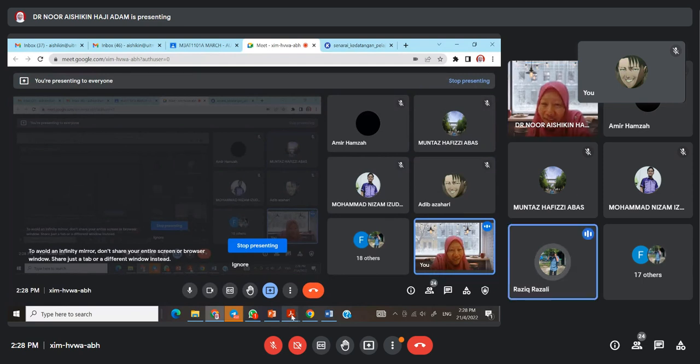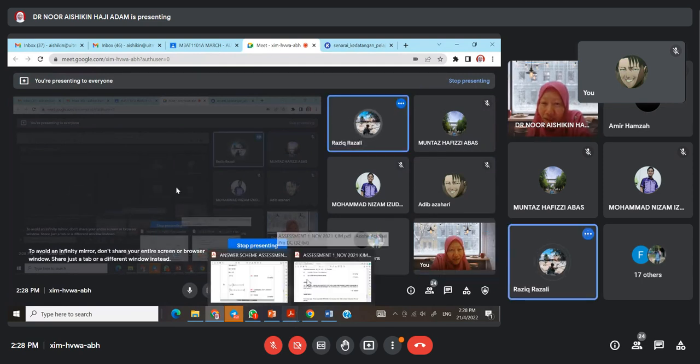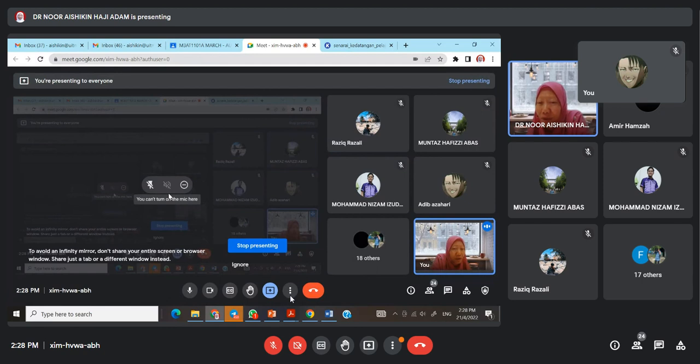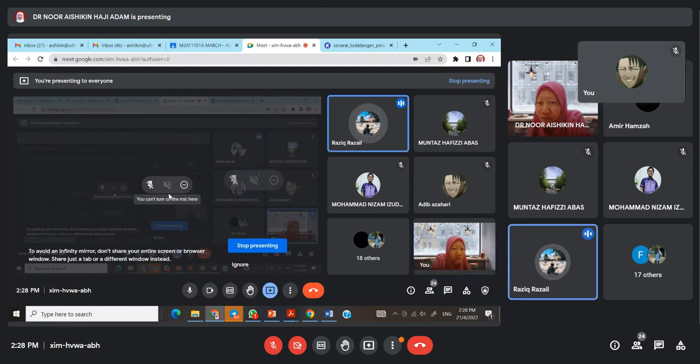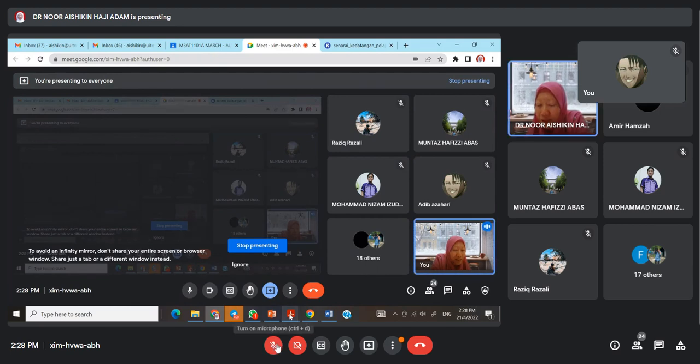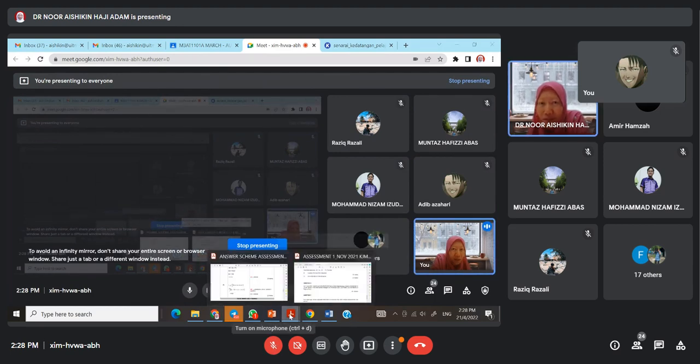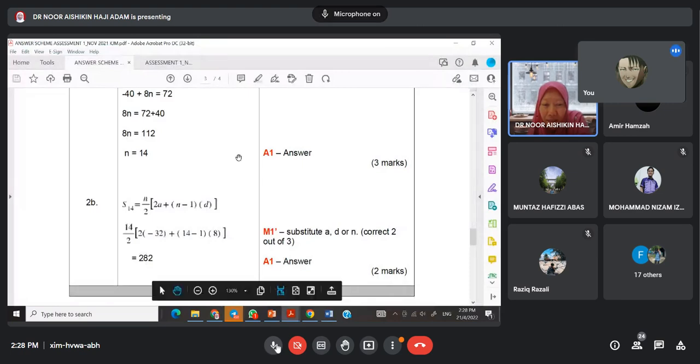Correct to 2 decimal places kan? 1.86. 86 pula. Lepas 6 tu apa? Persen. Ada beza kat situ. Jom kita tengok kenapa ada beza.